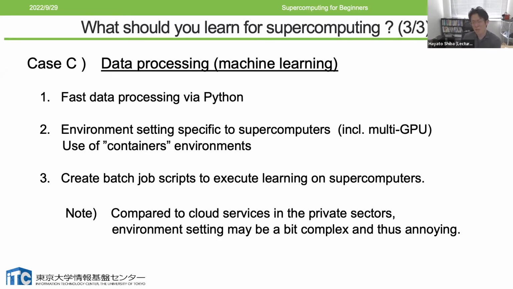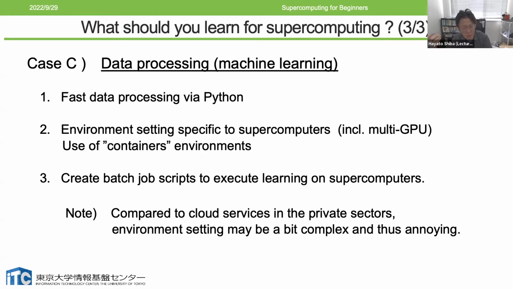And also, if we want to use supercomputers for machine learning, then we need to know environment settings specific to supercomputers, including the parallelization over multiple GPUs. This actually involves very technical issues, which are specific to supercomputer types.